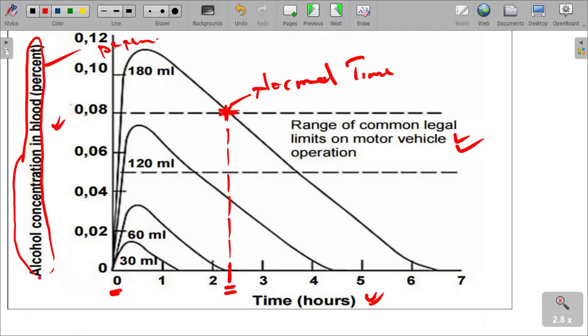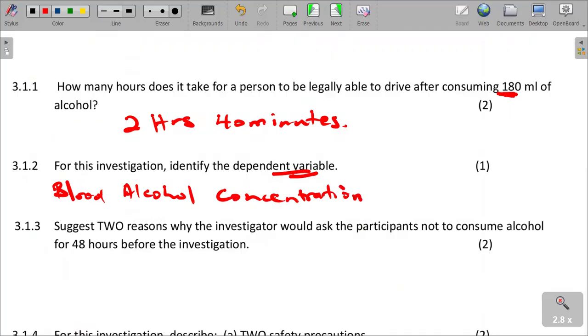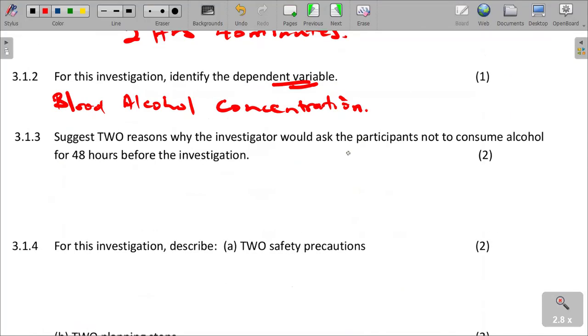Dependent affects the shape of the graph. It is the one which is dependent on time. So we are saying the dependent variable is alcohol concentration. It's actually blood alcohol concentration. Blood alcohol concentration is actually the dependent variable.